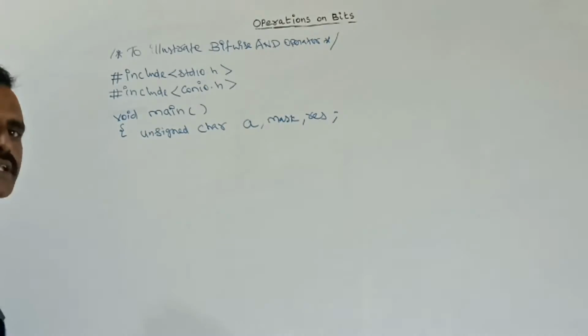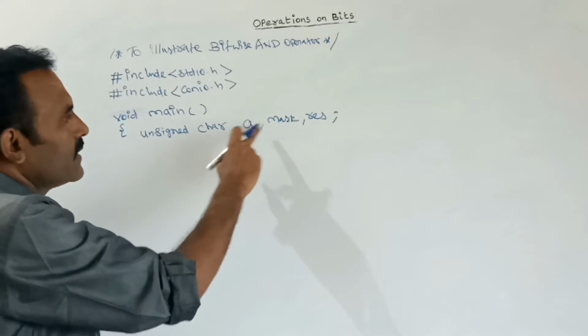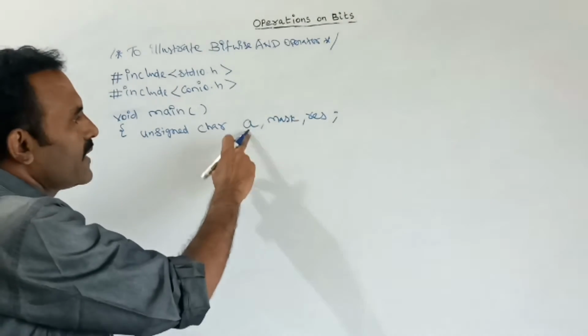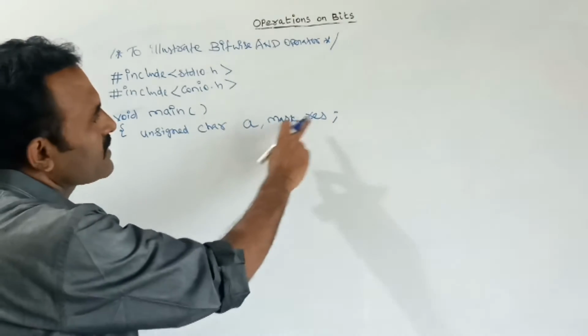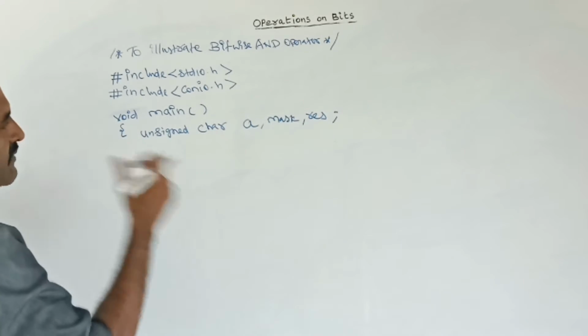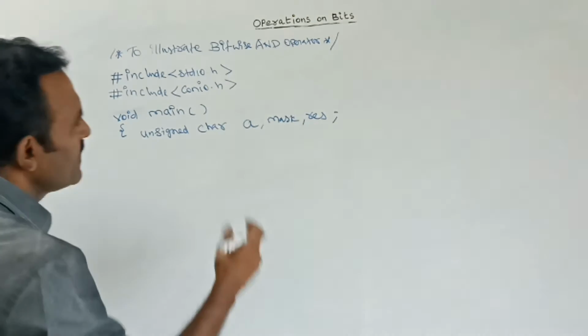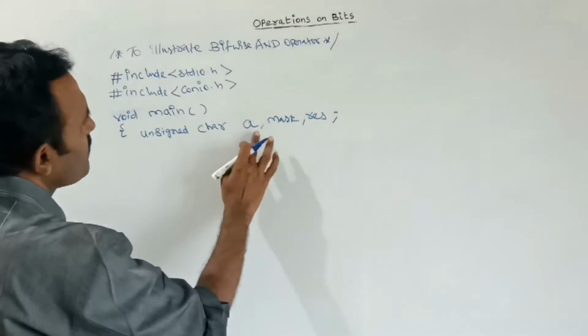Here I am using a total of 3 variables. This is operand 1, which I have declared as A. Next, for giving the mask value, I am using mask. Next, result. We can get the value at runtime, or we can directly give the value here itself. For example, let us assume like this.